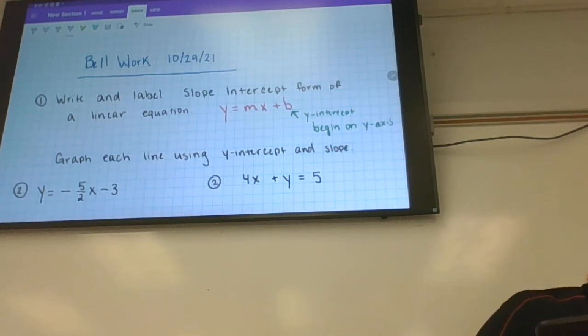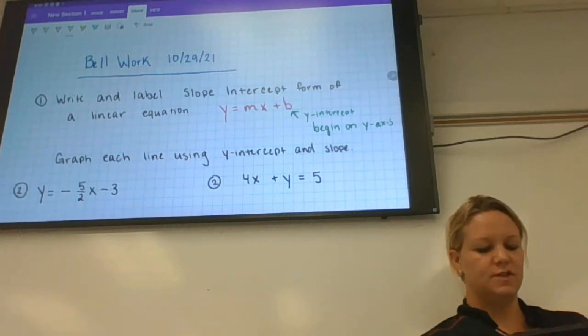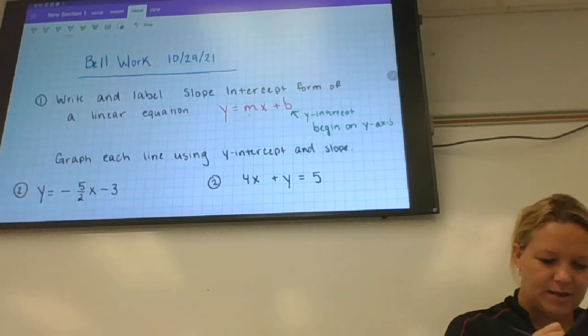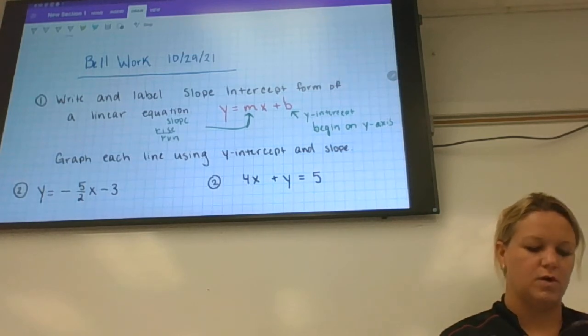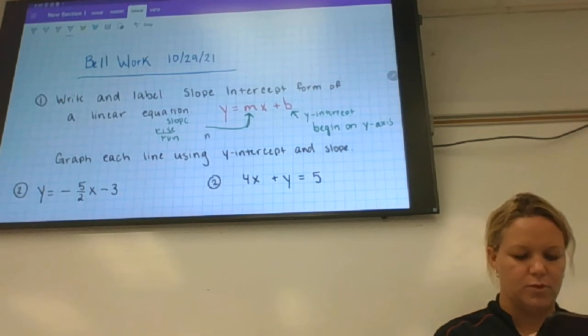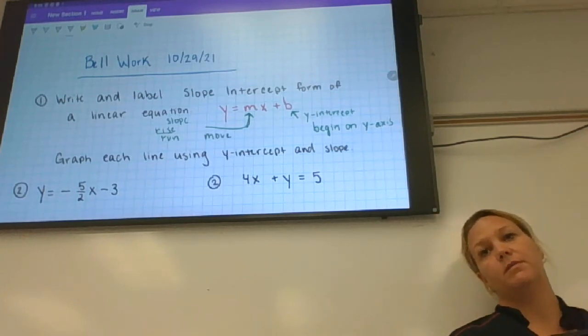B for begin your graph. And then the M stands for slope. So that's your rise over run, or I like to call it M for the movement. That's how you move to make your line from your beginning point.